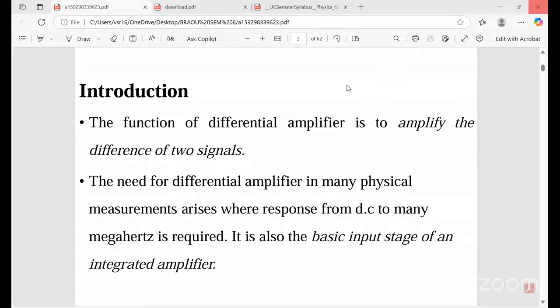The function of a differential amplifier is to amplify the difference of the two signals.